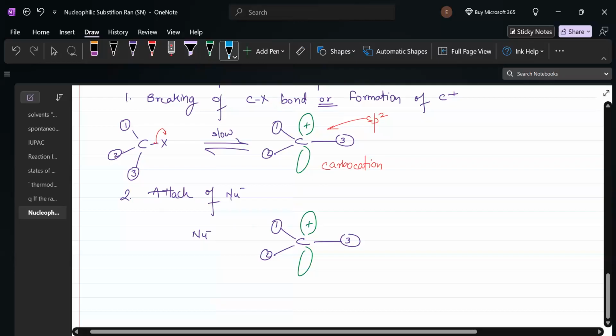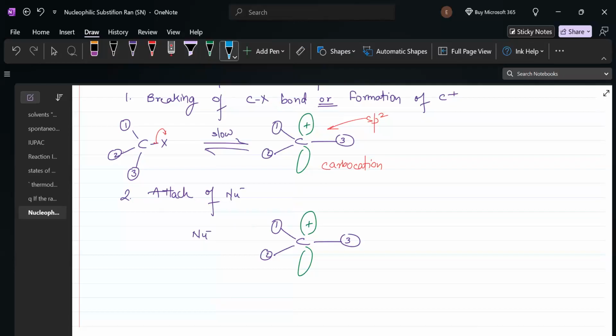Done copying till here? Yes, sir. Sufyan, done copying?